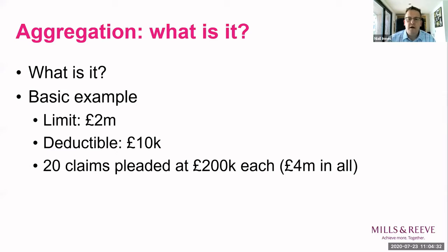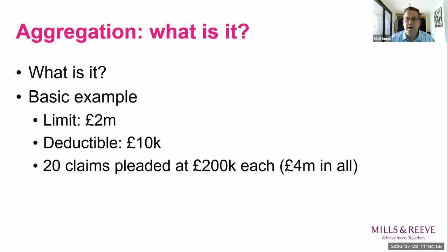Now, if there is some unifying element which, in accordance with the policy wording, aggregates, then the insured is going to pay just one £10,000 deductible, which they may be pleased by, save the insurer will only need to pay their limit, and the insured is going to be potentially uninsured for the balance of something up to £2 million. So probably not the outcome that the insured will want to face.